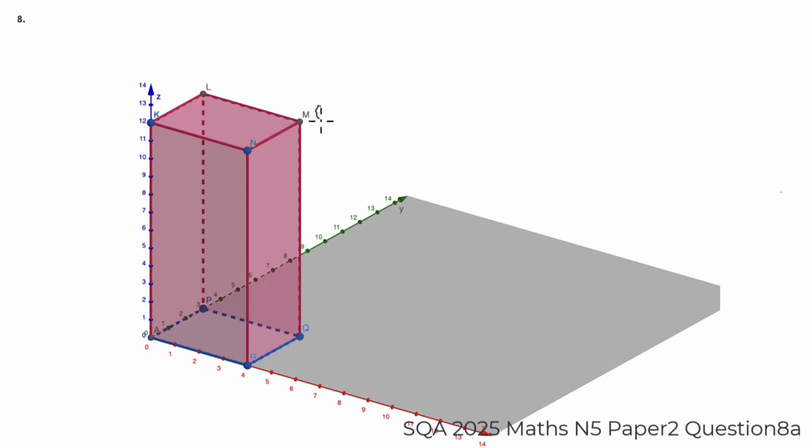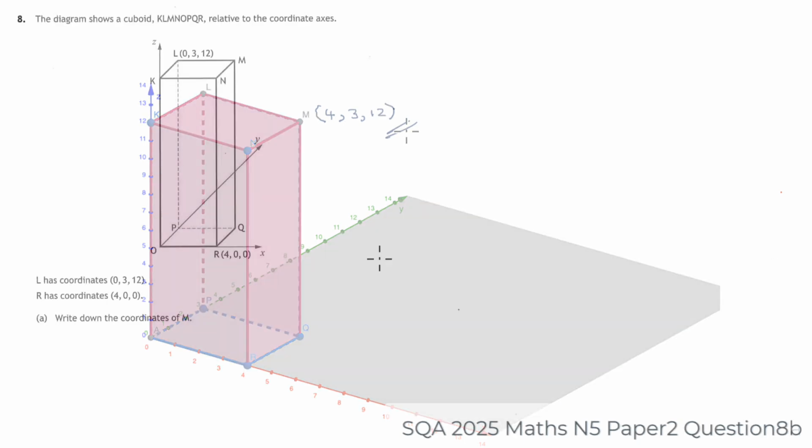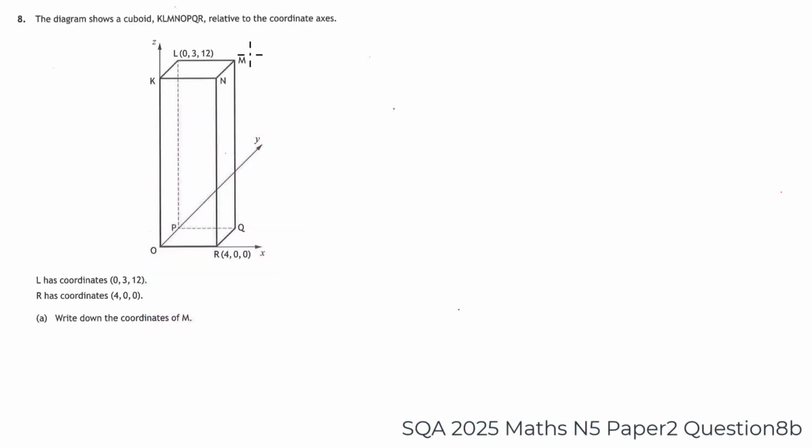So coordinates are 4, 3, 12. So there's your answer to part A. Let's return to the actual question and just put in that answer. And then let's move on to part B now.